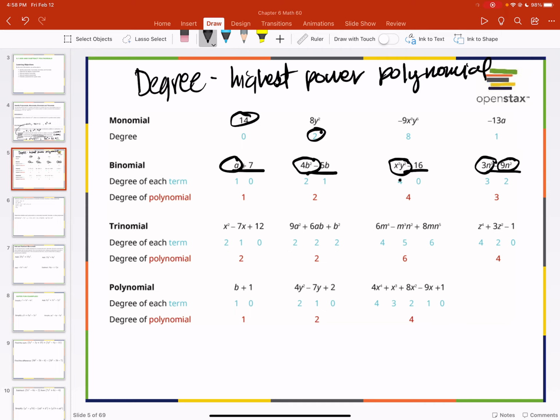The degree of this is 2, but the highest degree is 3. And then trinomial, the highest degree is 2, so the degree of that polynomial is 2. This one, the degree of this polynomial is 2. The highest degree would be 6, which is this one. Here, this one is 4, so the degree of this polynomial is 4.